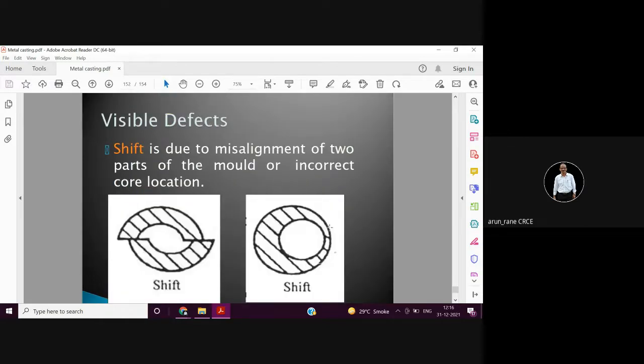Shift, there is misalignment. There are two halves, they are not aligned properly, so you get a shift. This is what is called a shift.